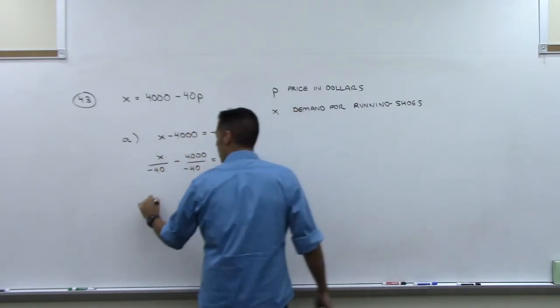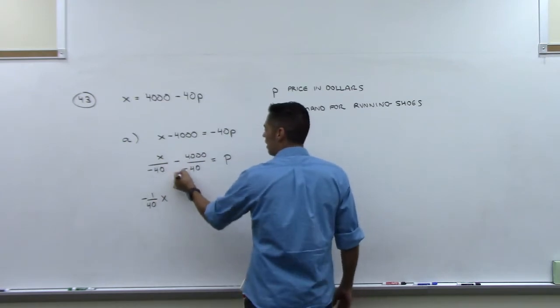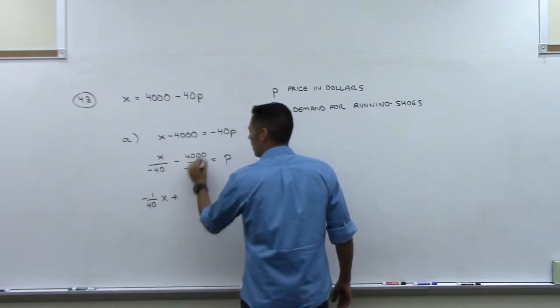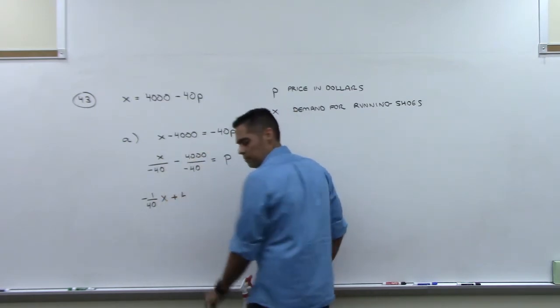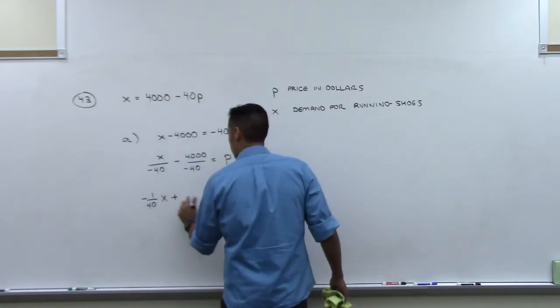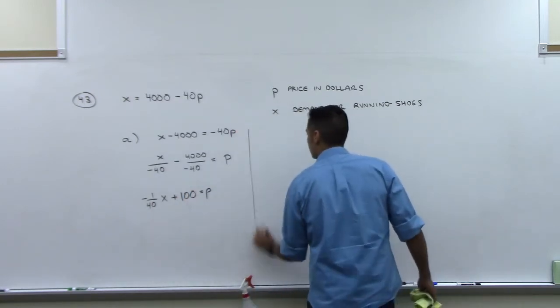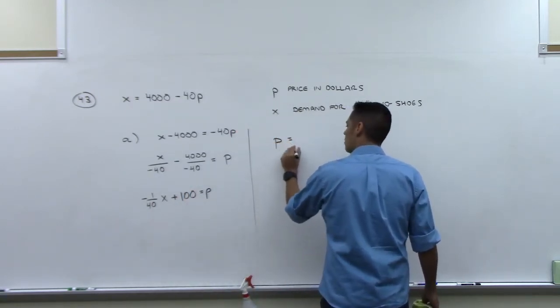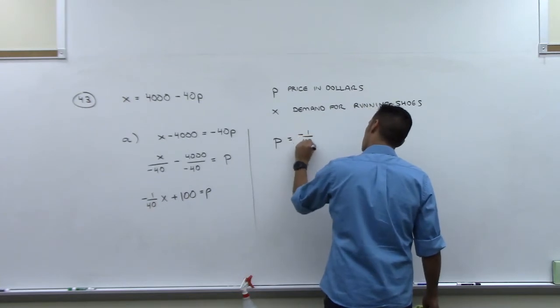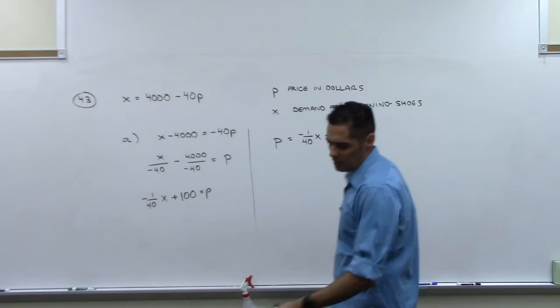And I'm going to rewrite this as negative 1 over 40x. And then the negative over negative is going to become plus, and then this should just become 100. 4,000 divided by 40 is 100. So if I want, I can write it this way. Price is equal to negative 1 over 40x plus 100. All right?